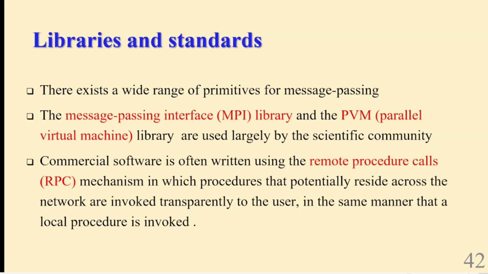Instead of writing big networking code, you can simply call these functions. Isn't that easier? Yes. Then PVM is Parallel Virtual Machine. This one is older than the Message Passing Interface, and it used to make several computers behave like one large computer, but nowadays MPI is more popular.